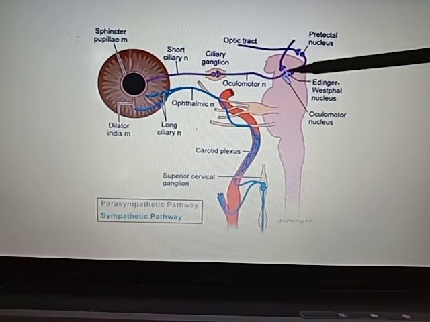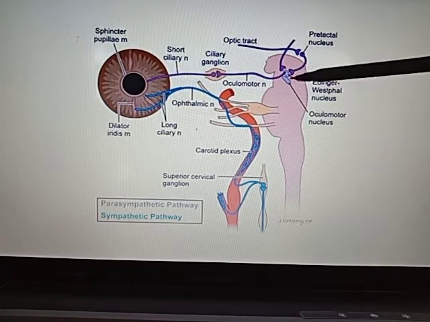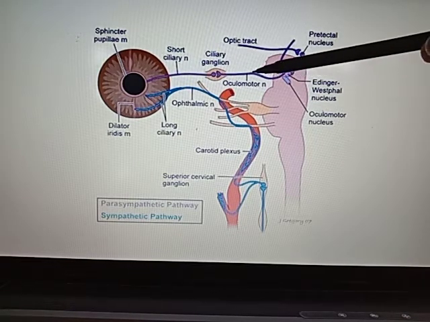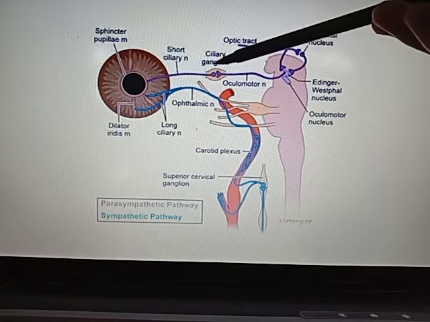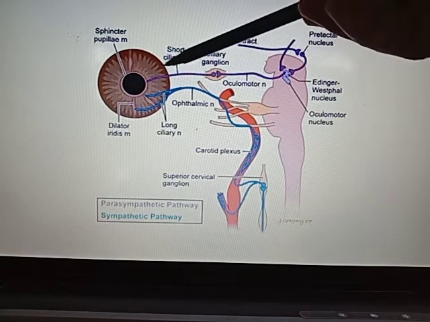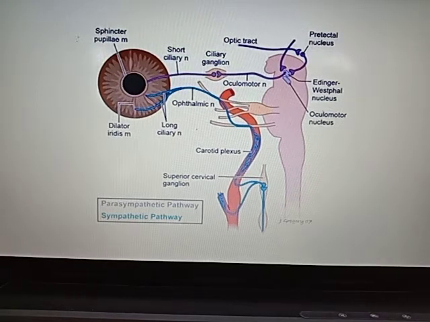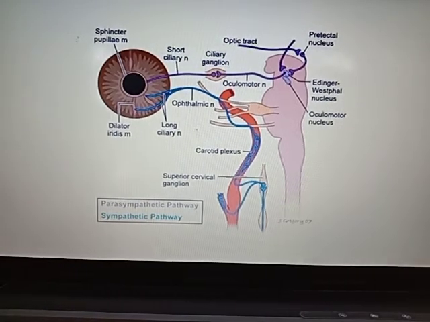This is the Edinger-Westphal nucleus, and this is the oculomotor nucleus, which lies closely. From the Edinger-Westphal nucleus, the oculomotor nerve goes to the ciliary ganglion and then through the short ciliary nerve, it supplies the parasympathetic innervation.